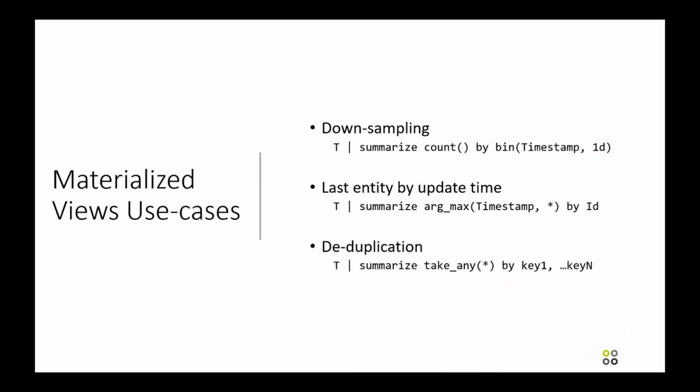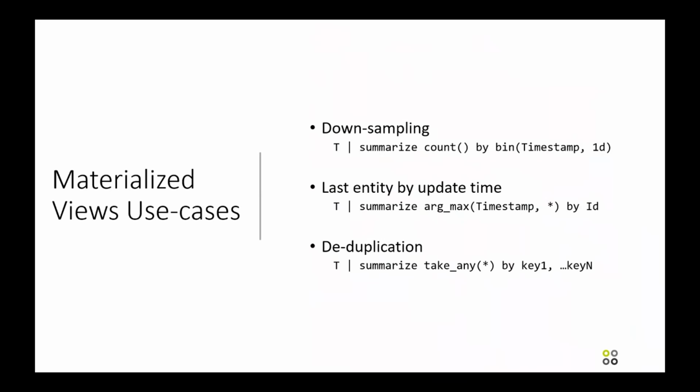The second scenario is to get the last entity by the update time. The scenario is that something is sending some update all the time, a machine configuration or something like that, and you only care about the last thing, like how much fuel do I have in my car.